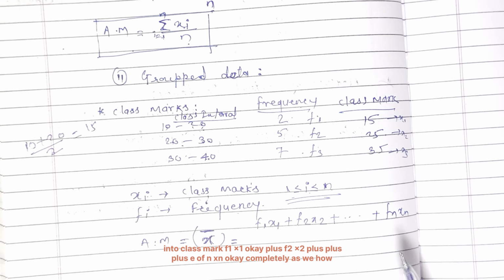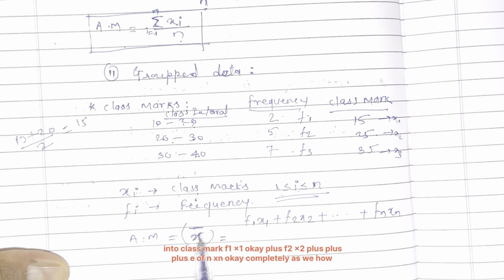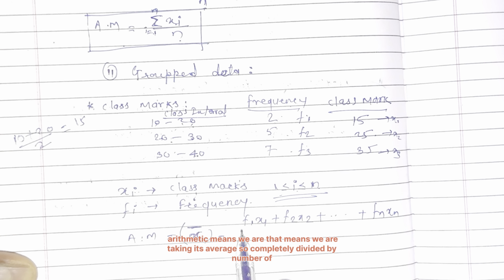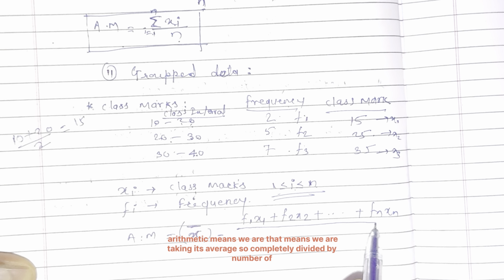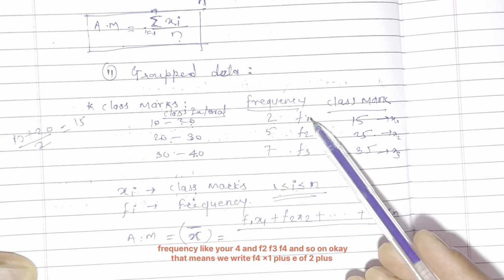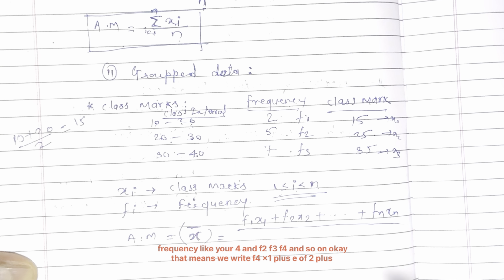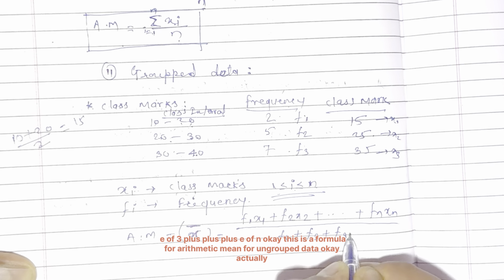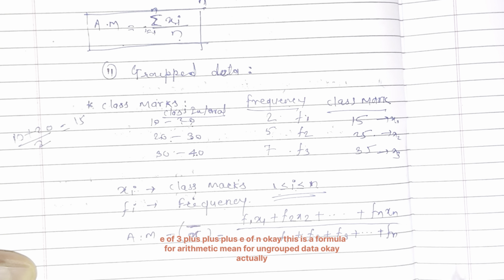As we have arithmetic mean, we are taking its average, so completely divided by the sum of frequencies: f1 plus f2 plus f3 plus fn.